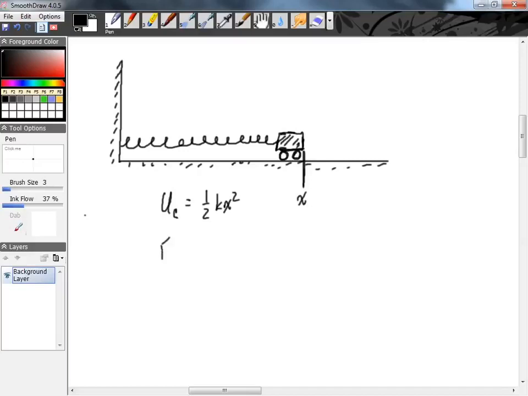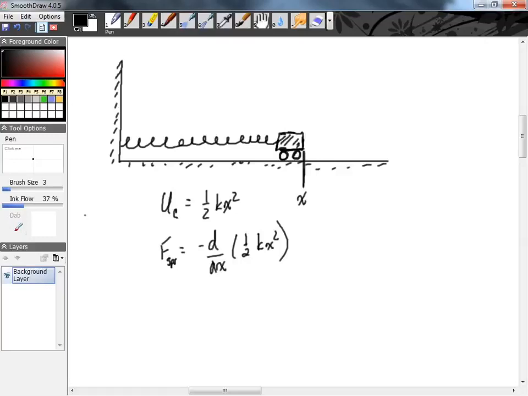So our force of the spring is going to equal negative d/dx of 1/2 kx squared. Yeah? Okay, pretty reasonable.